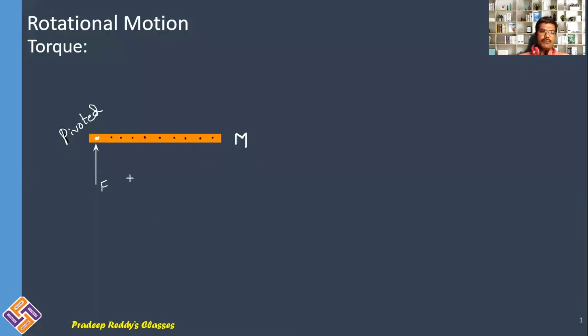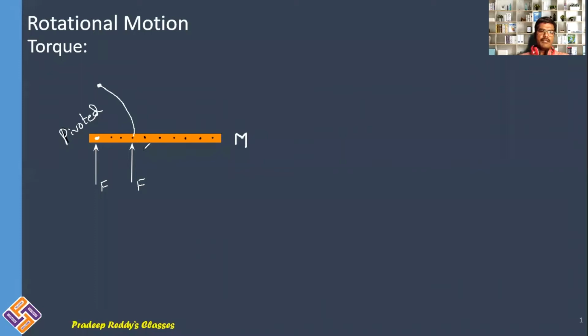Now I'll apply the same force at this position. If I apply the same force at this position, the particle which is at this point would be displaced like this. This is the position where it would have come when displaced.